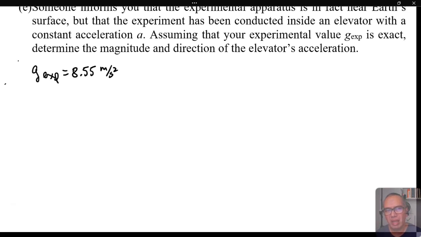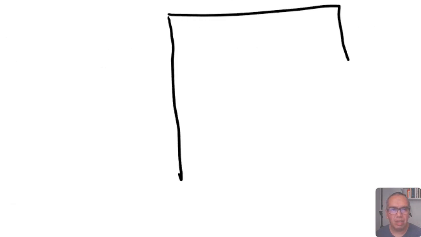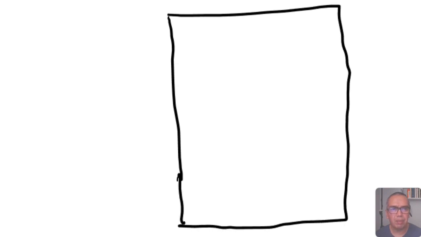So what are we talking about here? Basically, the idea is if the elevator is accelerating, that affects the period of the pendulum because the net gravity is not what you would expect. The pendulum is supposed to be moving back and forth, but you're supposed to have a vertical acceleration.